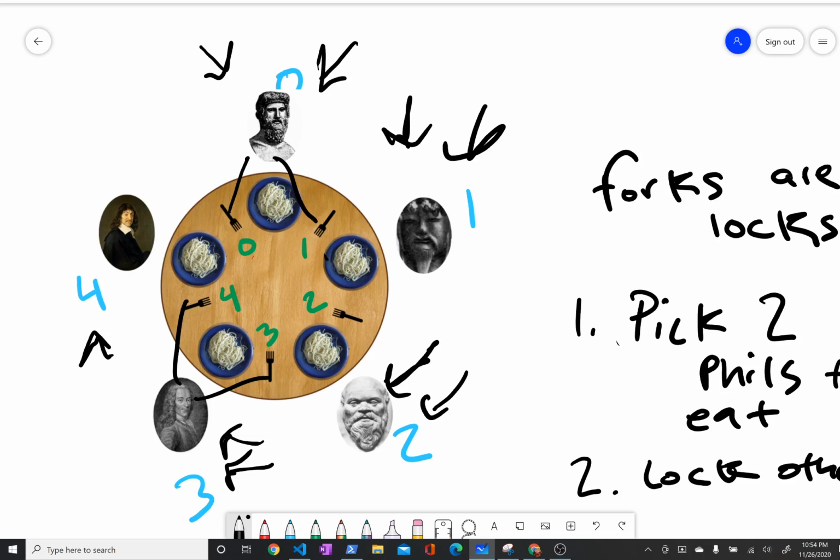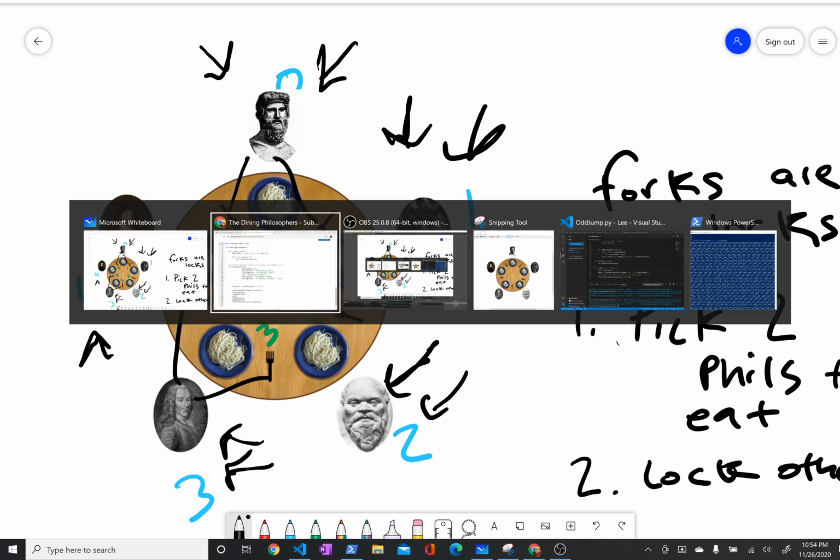We can never do more than that because there aren't enough forks. But doing less than that just means we're going to be slower. So my solution has just 1 philosopher eating at a time, but that means we're basically going at half the speed that we might be going. Half the speed because instead of 2 people eating at once, there's just 1 guy eating at once.